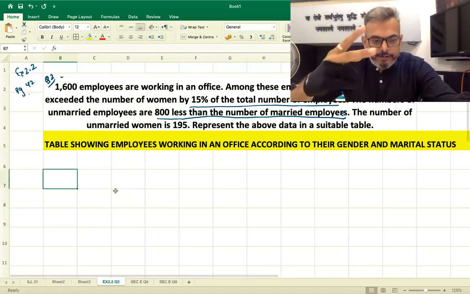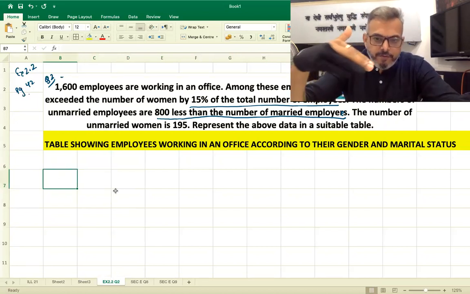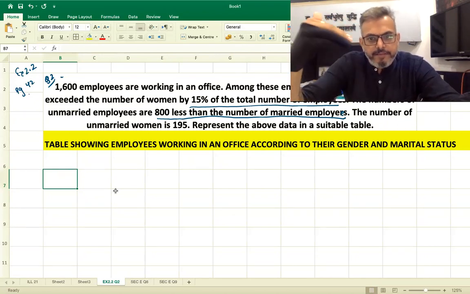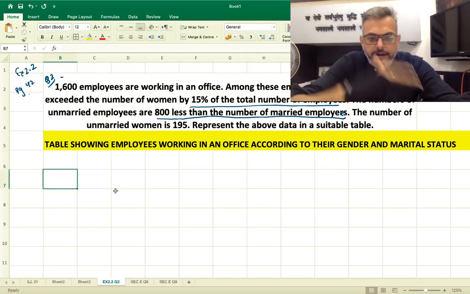Now, there are only two attributes. Level 1 is men and women, then we have married and unmarried.